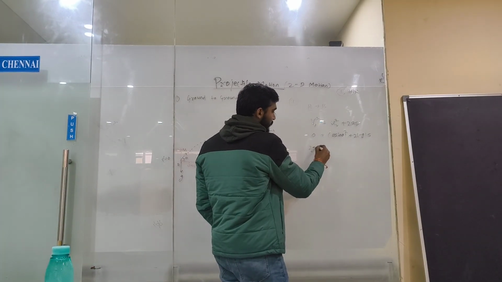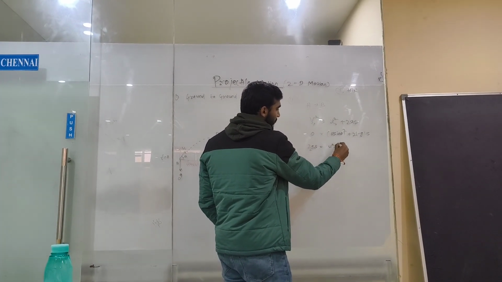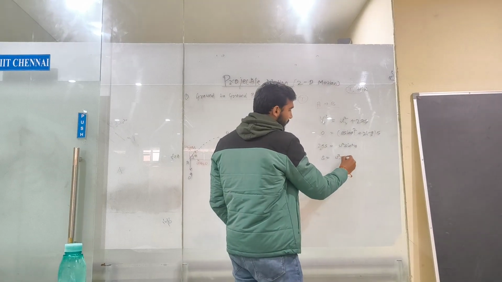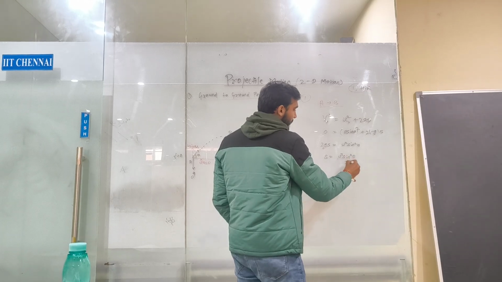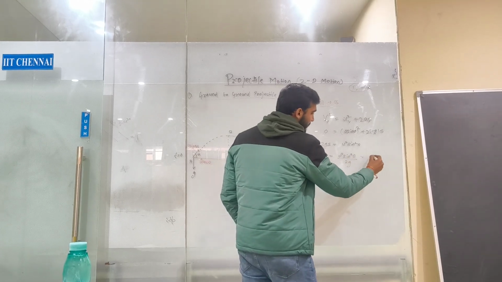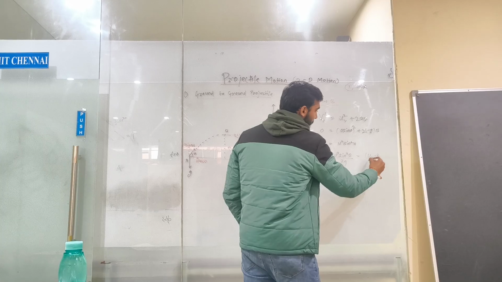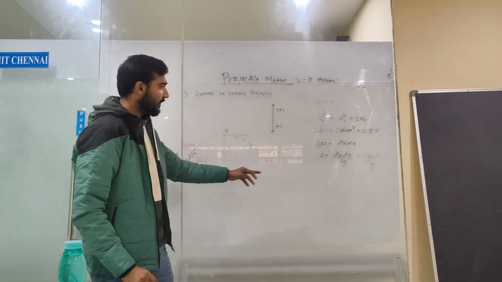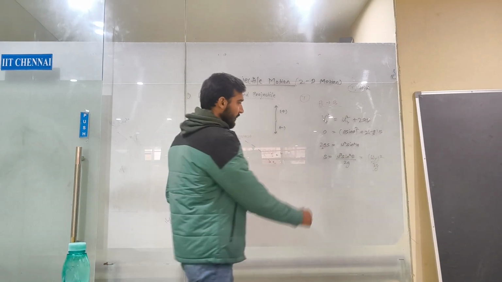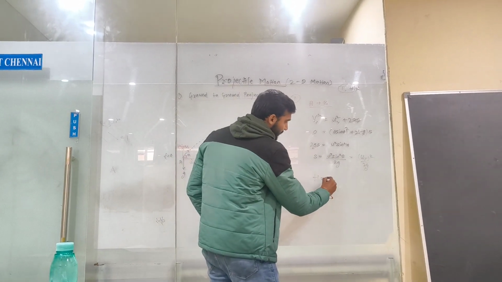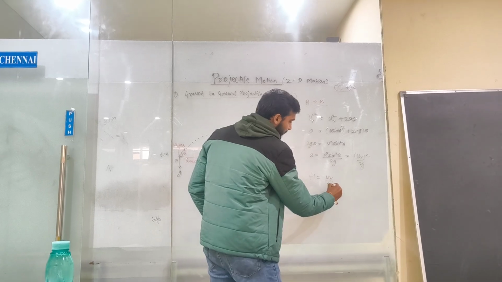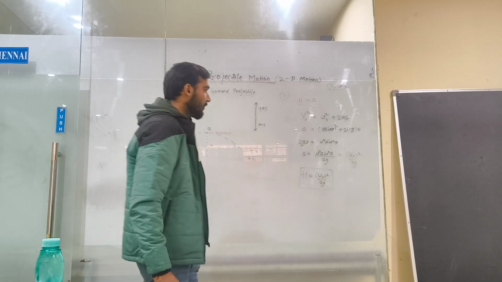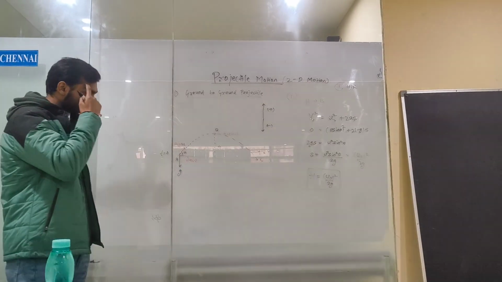So it comes out to be 2gs equals u squared sin squared theta, and s comes out to be u squared sin squared theta by 2g. We can say u sin theta is u_y, so the formula comes out to be u_y squared by 2g. This is the formula of height. We can easily do this.